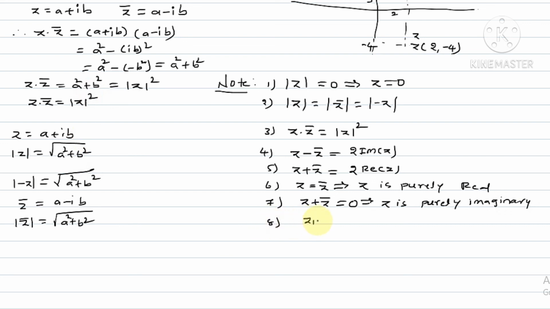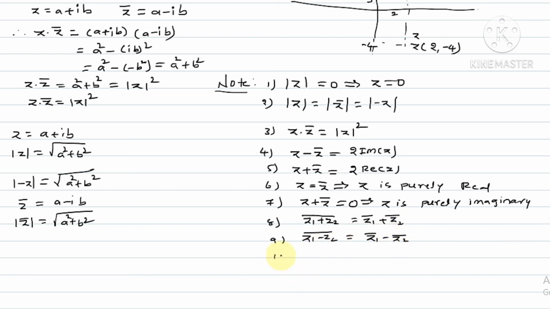Z1 plus Z2, all bar, which implies Z1 bar plus Z2 bar. Next, the ninth one, Z1 minus Z2, all bar, which implies Z1 bar minus Z2 bar, that is the conjugate.